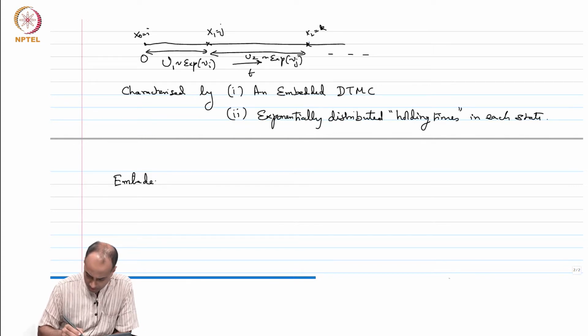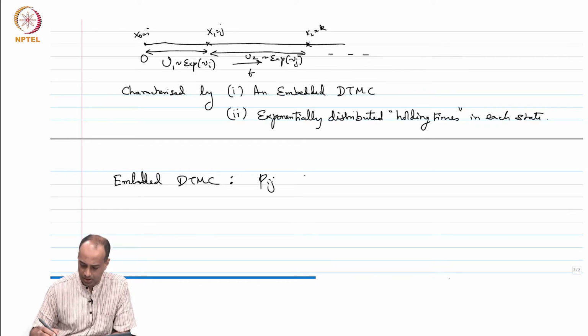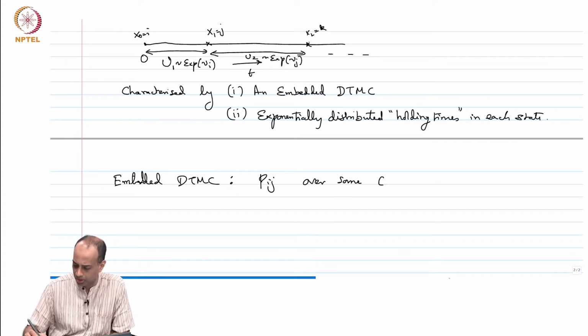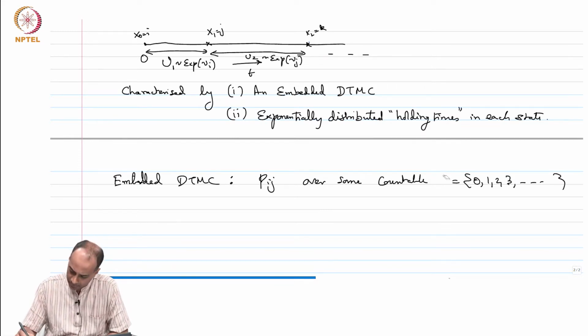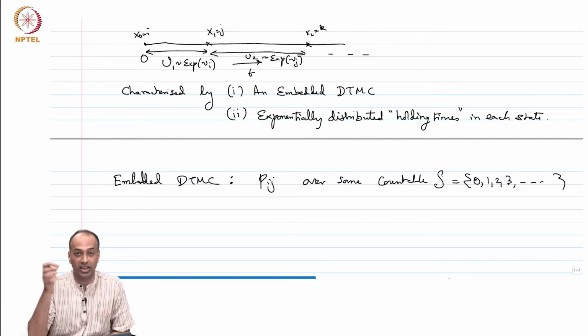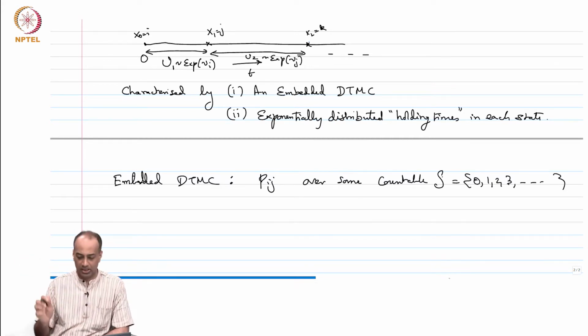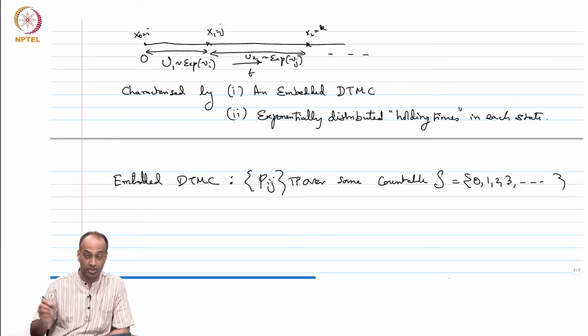So, let us say Pij is the transition probability of the embedded Markov chain over some countable state space S, which we can by default take as 0, 1, 2, 3, and so on. These are the transition probabilities over some countable state space.